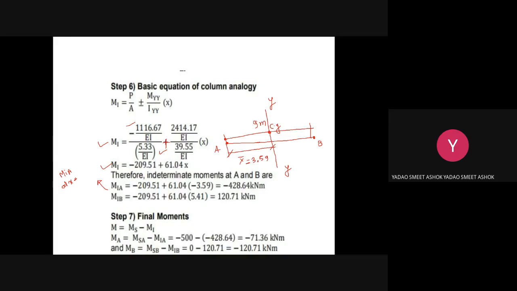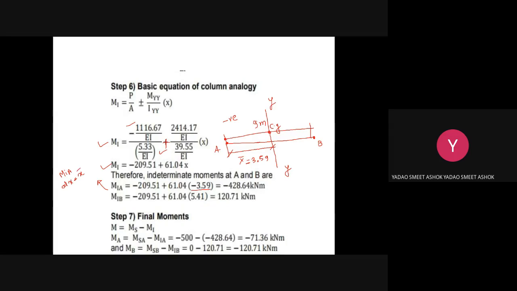It is located at a distance of 3.59. To find the indeterminate moment at A, the x value will always be equal to x bar. Always the value of x is nothing but x bar about the y-axis. But as point A is located to the left of the CG, the value of x will be negative. So we have put it negative, but it is always x bar.